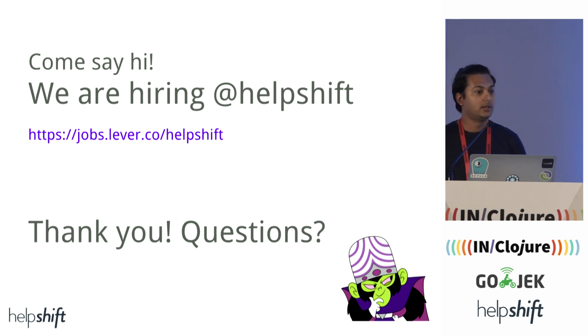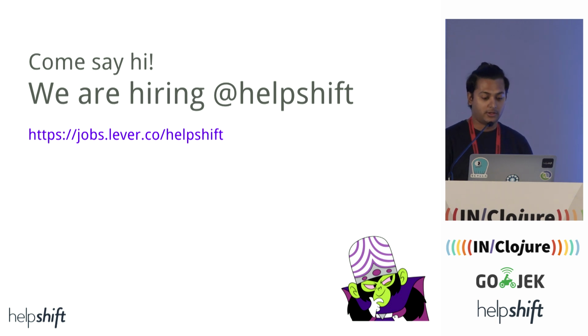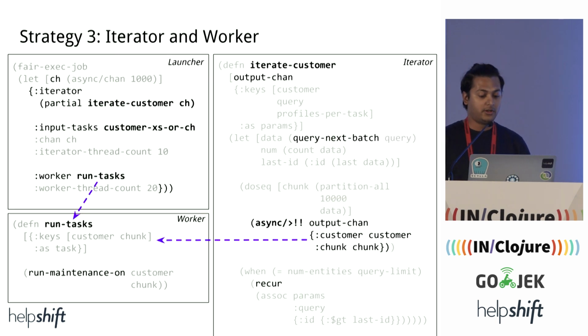So how did you come up with that number of 10K records? Yeah, so the 10K records is arbitrary. That is because when you define your iterator function, you define how you iterate through your data. So you're just submitting that function to our framework, and you choose how you batch your data.